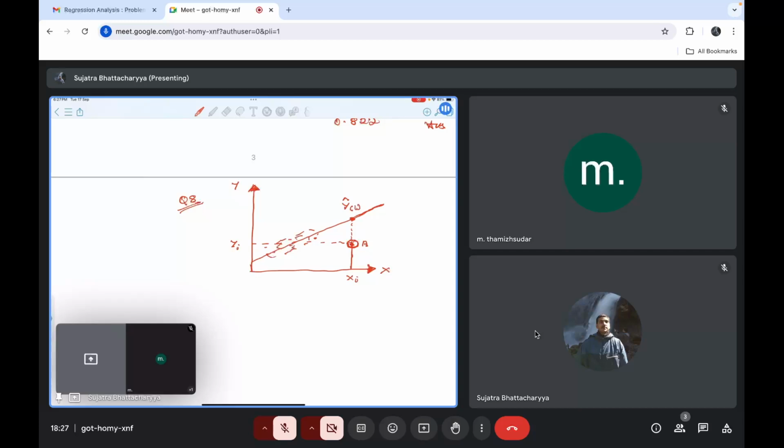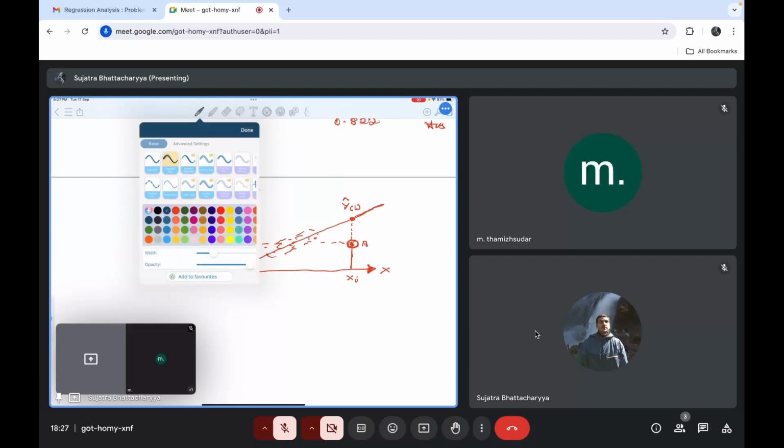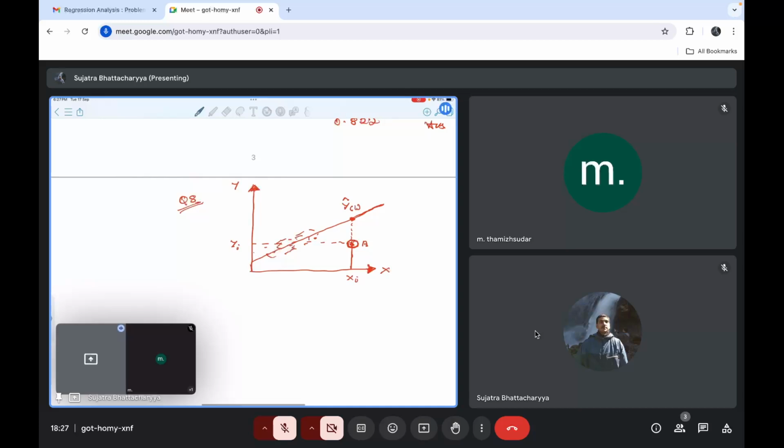Now, if you are including this point, you might get a trend line like this, right? Here, this point is your yi.